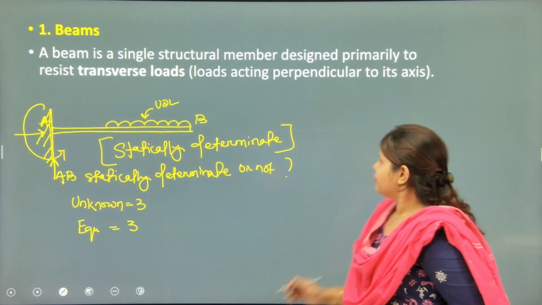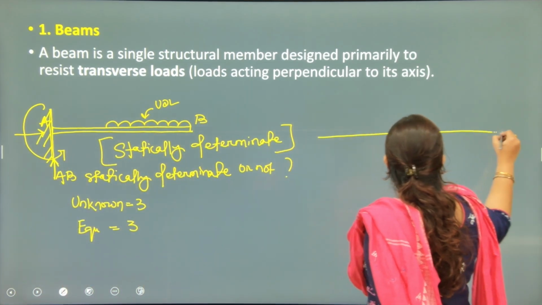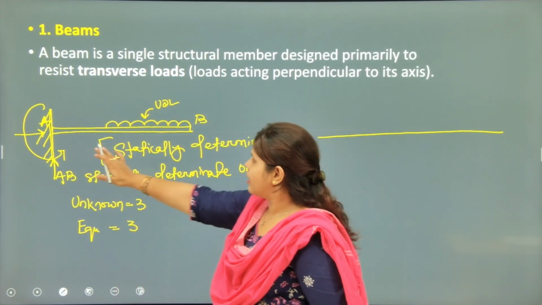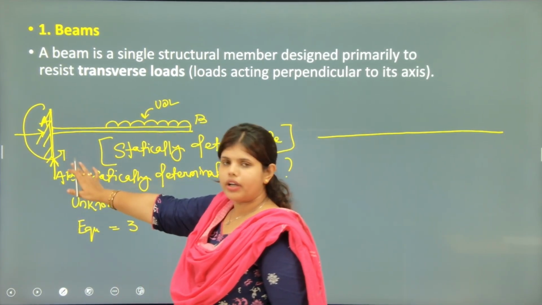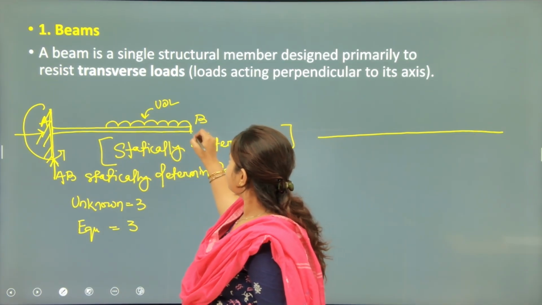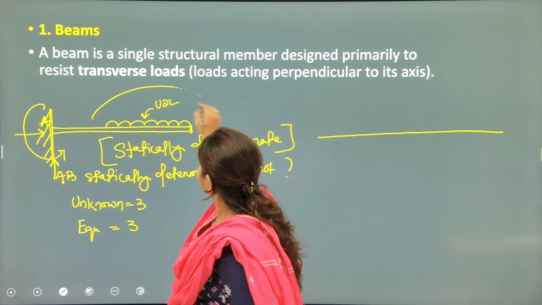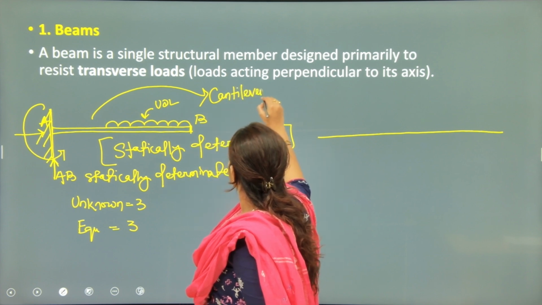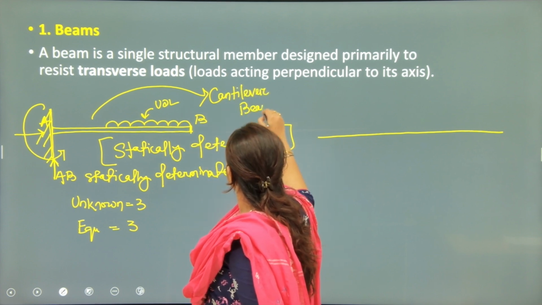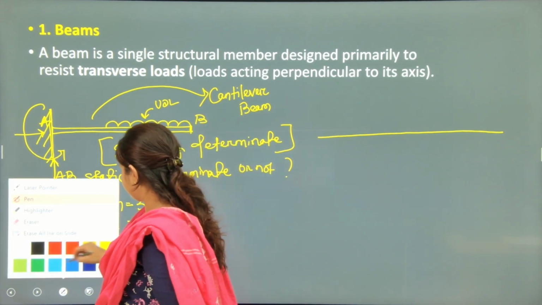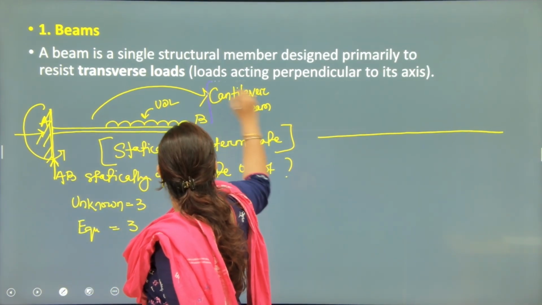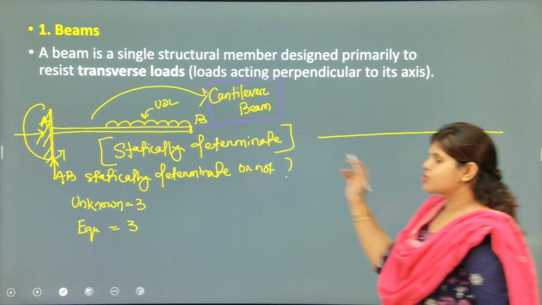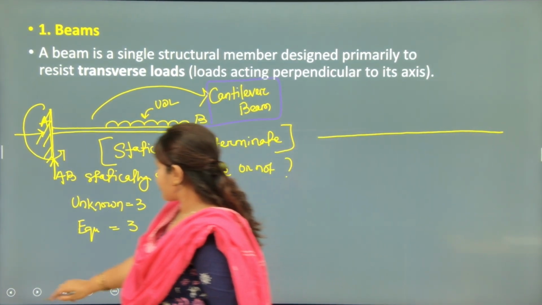Similarly, if we have a fixed support at one end and a free end, this type of beam we can say is a cantilever beam. The previous one is a simply supported beam.